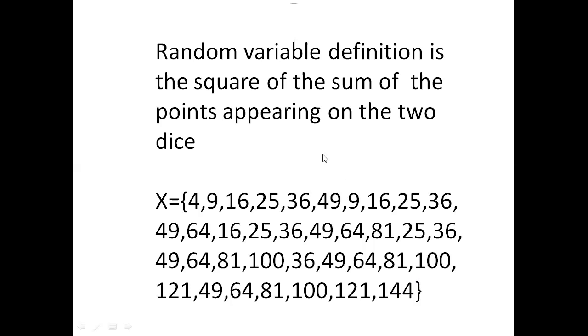Okay. Based on this definition, what is the random variable definition? That is the square of the sum of the points appearing on the two dice.